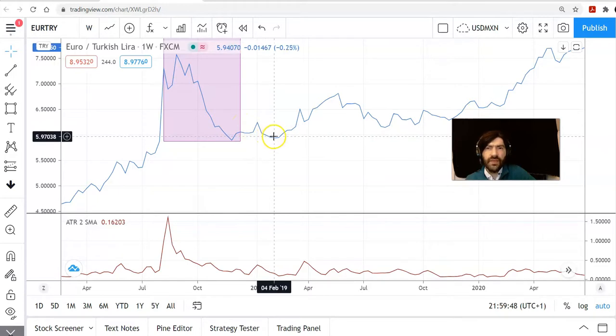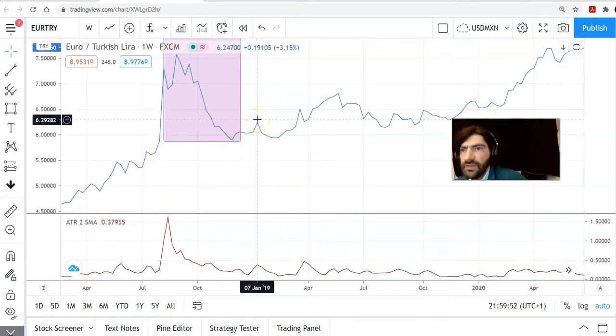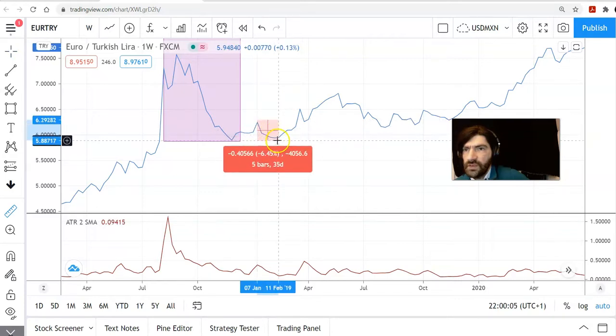We sort of had that, and then a continuation. Now, if we look at that pullback from here to here, let's measure it. So if I do shift and click from here to here, let's call that a throwback, and it was five trading days.